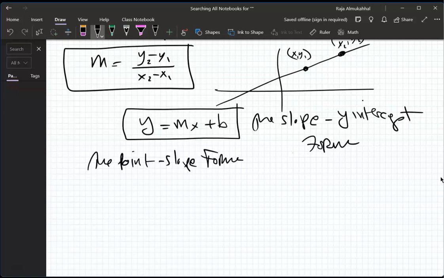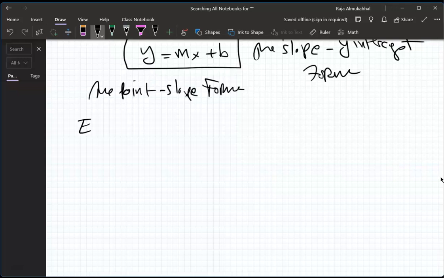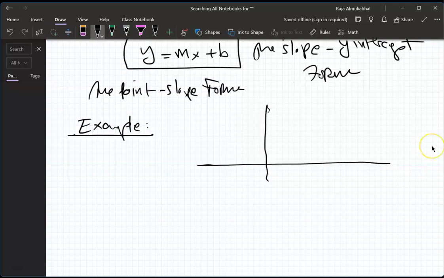Okay, I think it's better if I explain it through an example. This is how you would see it while solving some physics problem. Let's say I have the following line. Here are the x and y axes. Here is some line, and I tell you that the slope of this line is, let's say, 3. I'm guessing a number, okay?